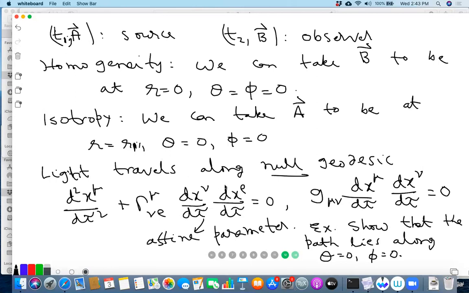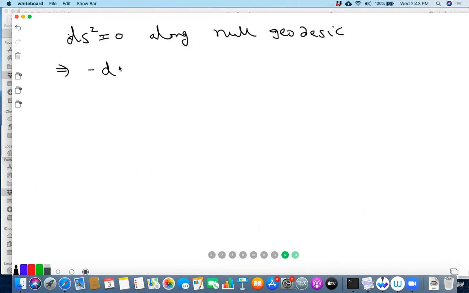So let's proceed by assuming that the null geodesic lies along theta equal to 0, phi equal to 0. In that case, we can now use the condition that ds squared is 0 along a null geodesic, to show that minus dt squared plus a of t squared times dr squared over 1 minus kr squared must be 0.